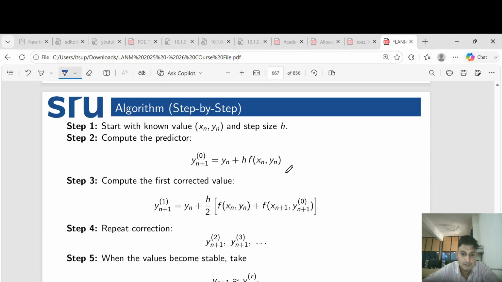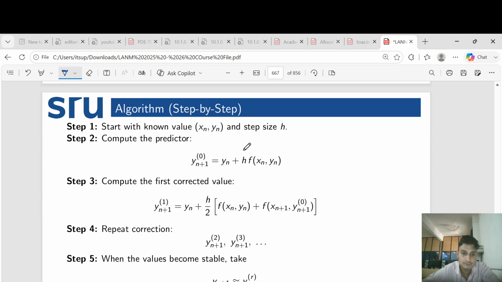So start with one approximation, this y(n+1). So this is y(n+1) at 1, y(n+1) at 2, y(n+1) at 3.